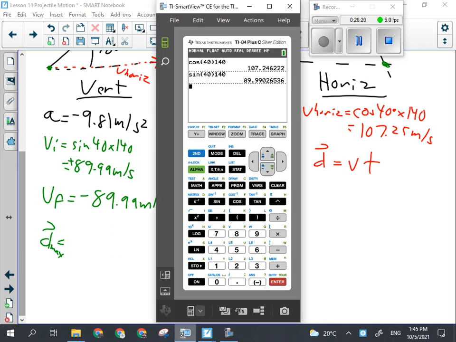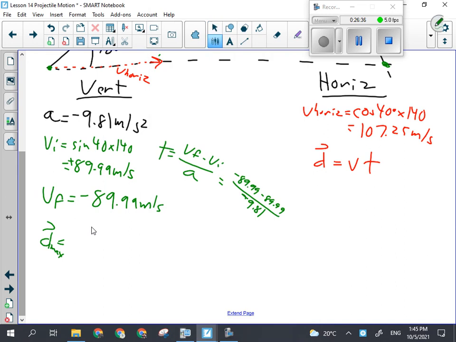Right, so I'm going to take that number there and just multiply it by 2. Okay, and then divide that by 9.81. Okay, so this thing is going to be in the air for just over 9 seconds. Okay, 9.17 seconds.